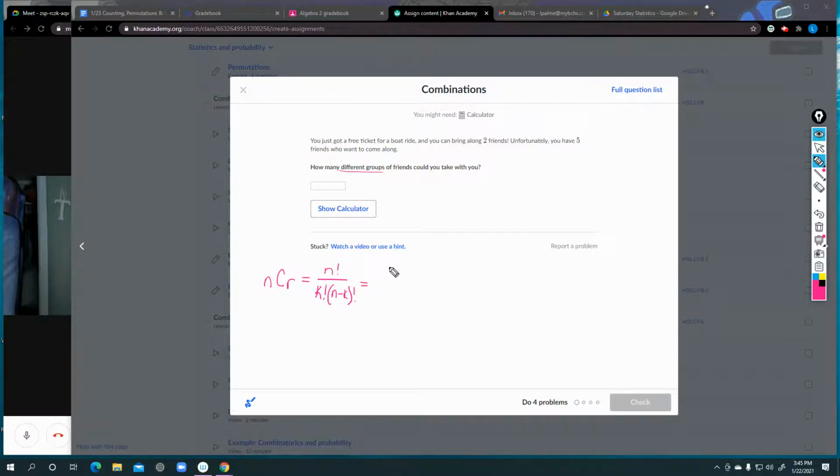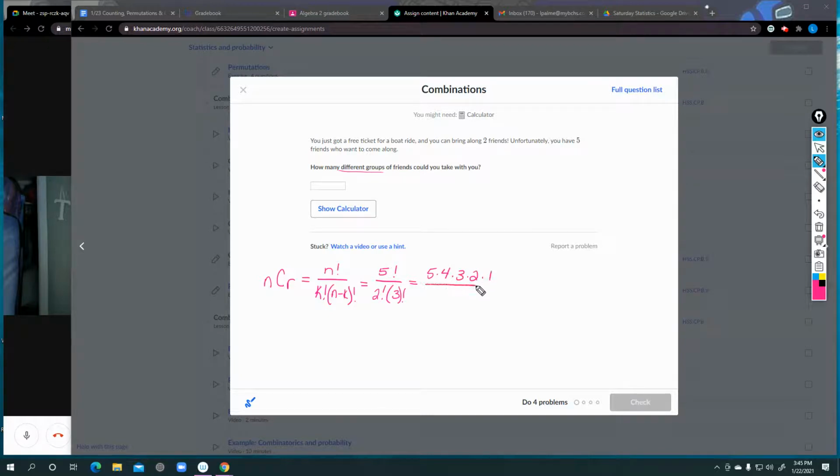So in our case, we have 5 factorial for our problem, divided by k factorial, which is how many we actually want to come along. You can think of that as r, so that's 2 factorial, times n minus k factorial, so 5 minus 2 is 3 factorial. If we write that all out, we have 5 times 4 times 3 times 2 times 1.